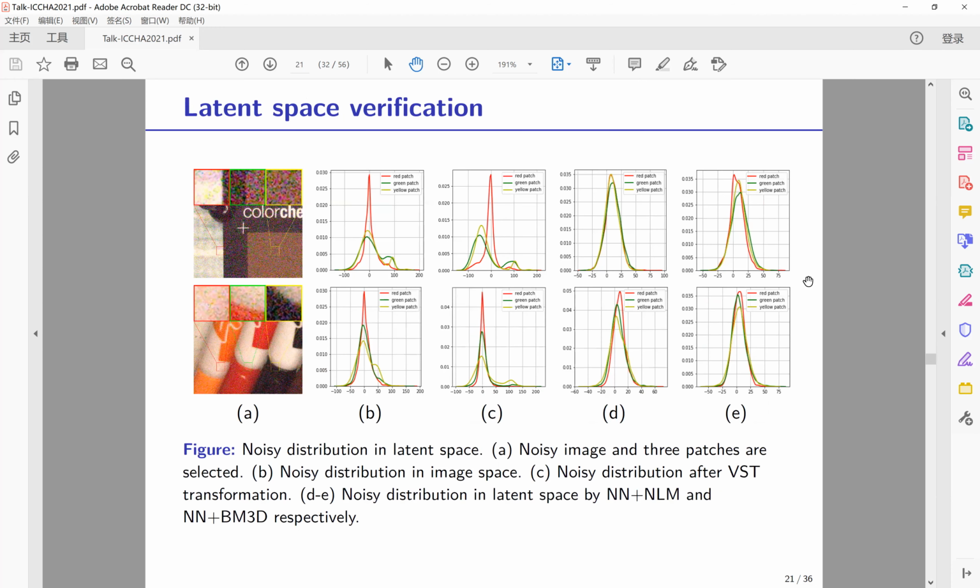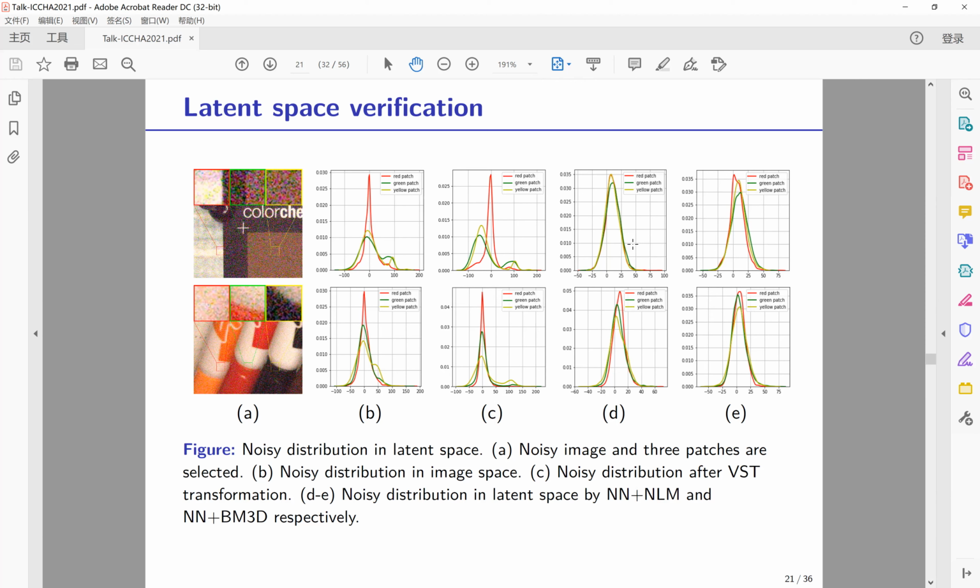Okay, here is some latent space verification. As I mentioned before, our goal is to apply this neural network to map to a latent space such that the noise distribution is Gaussian. So here the last two columns are our data, the noise transformed by the neural networks.